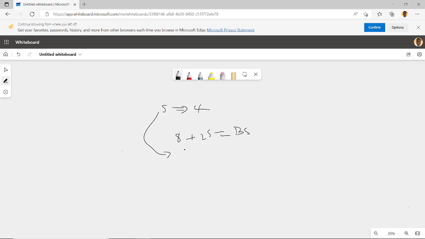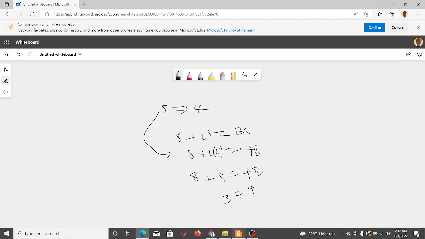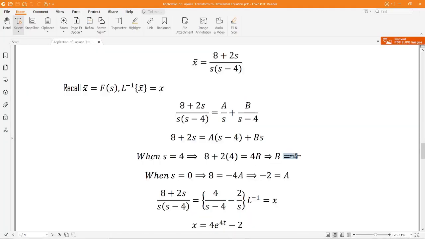So now this equation becomes 8 plus 2 into 4 equals 4b. So 8 plus 8 will be 16 equals 4b. If we divide 16 by 4, that will give us b equals 4. So b equals 4, and that's how we got our b here to be 4.